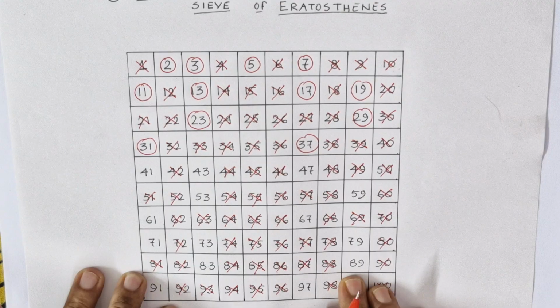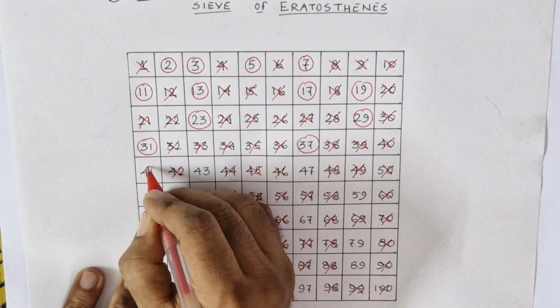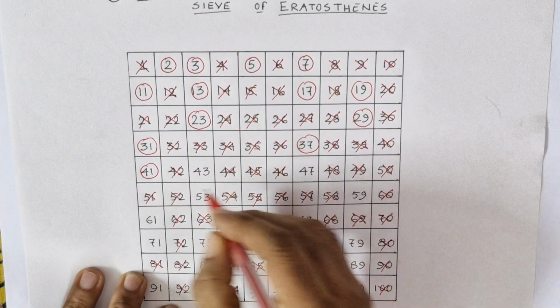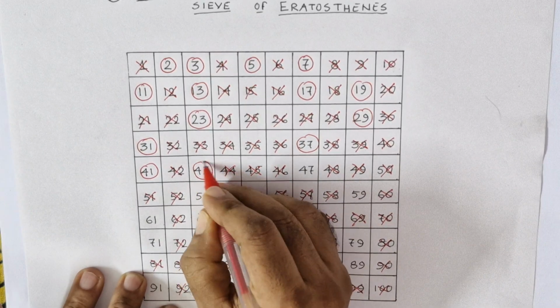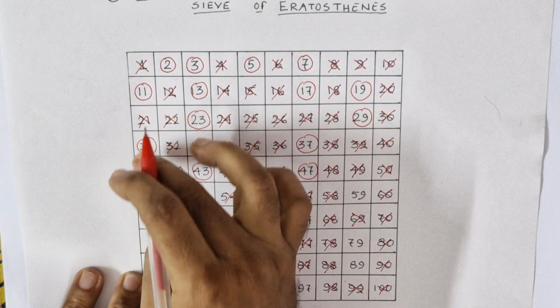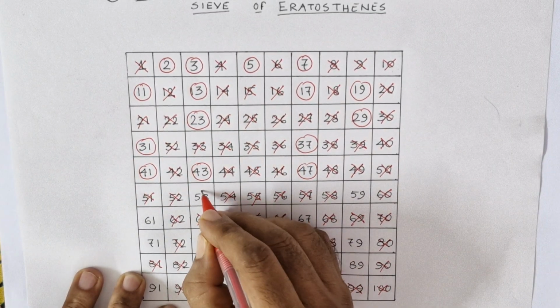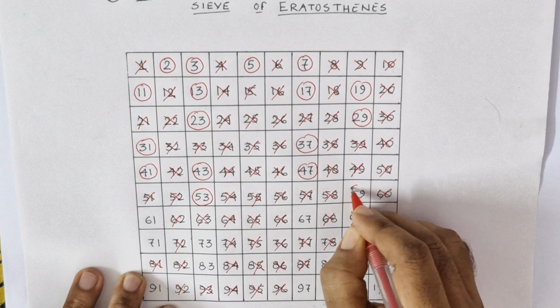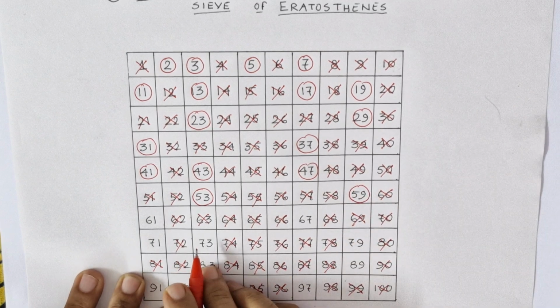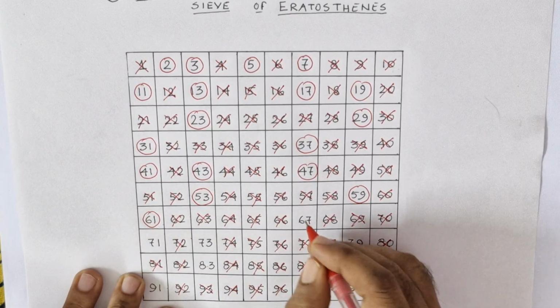Got it? In the fifth row, 41, 43, 47 remain. In the sixth row, 53 and 59 remain. In the next row, 61 and 67 remain. Go ahead and circle them out.